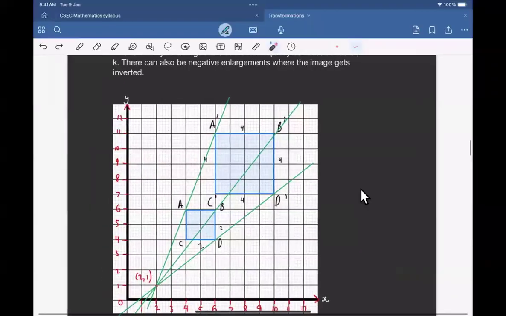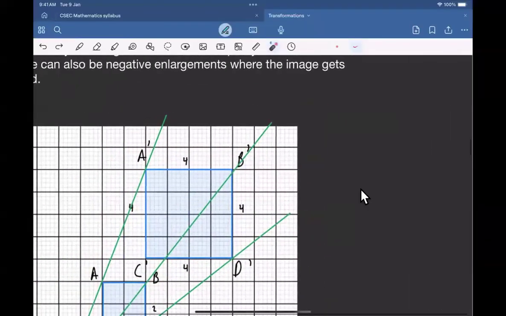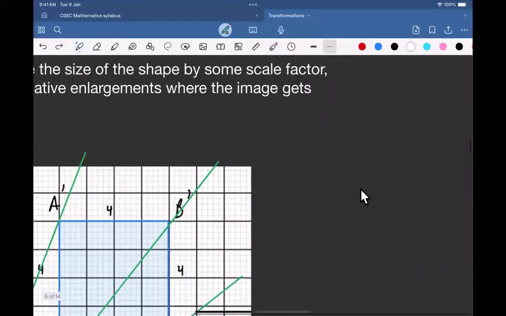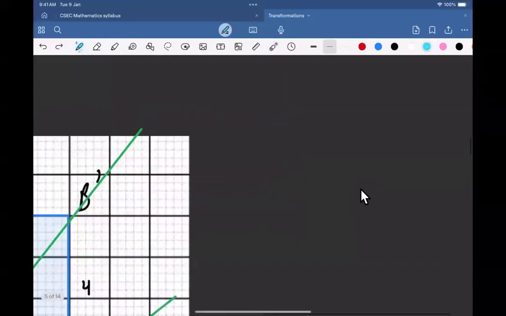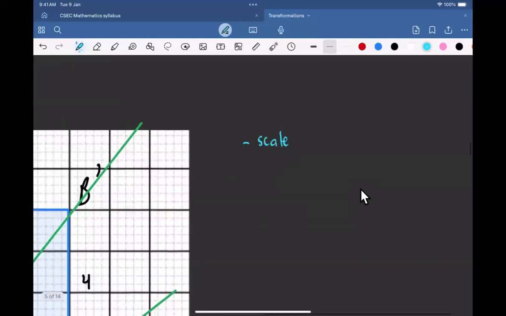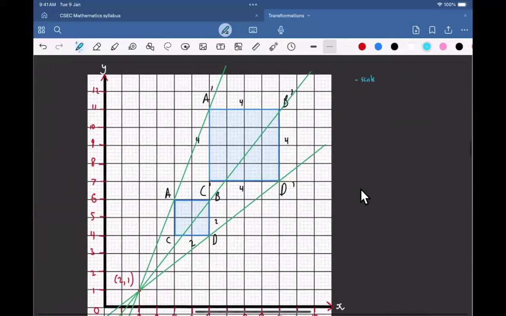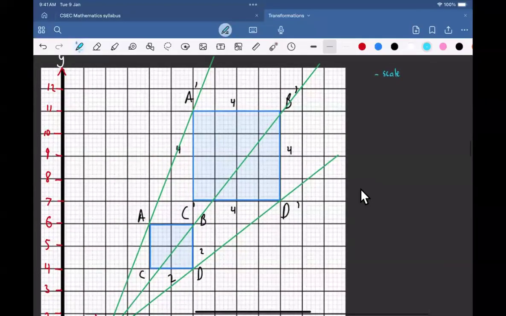Some main things to keep in mind when you're writing a description for enlargement: you need to include the scale factor. So just by looking at this, what do you think the scale factor was? Scale factor is how many times bigger it gets. Make a wild guess.